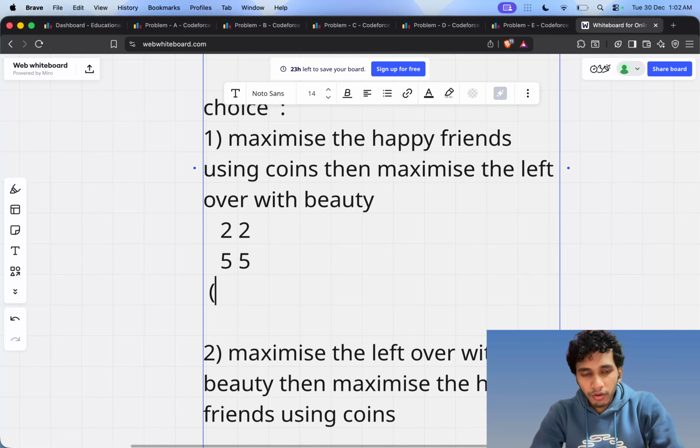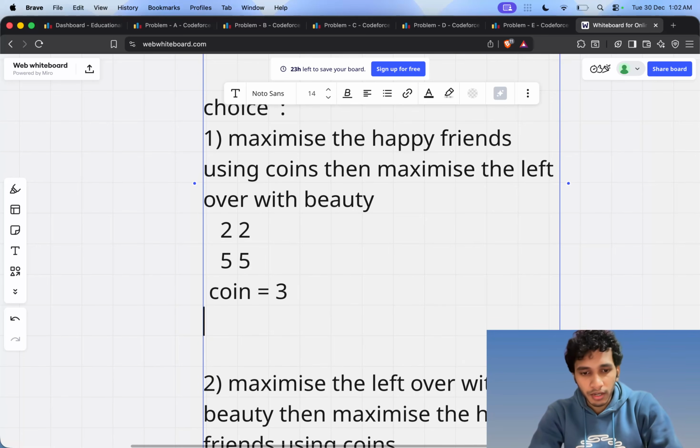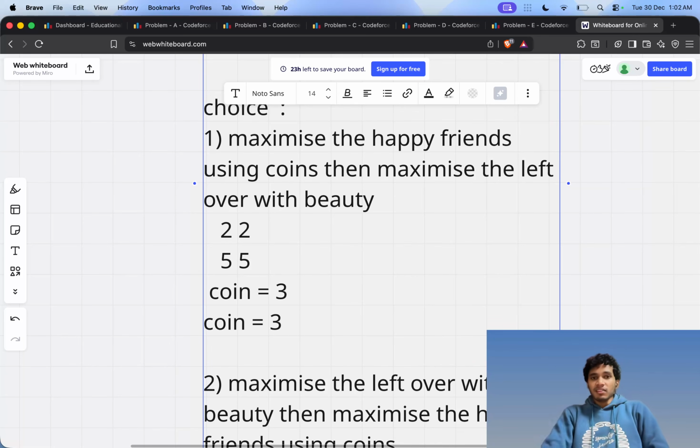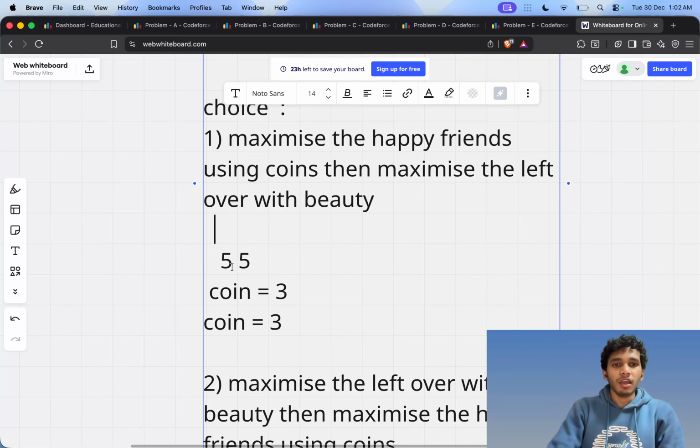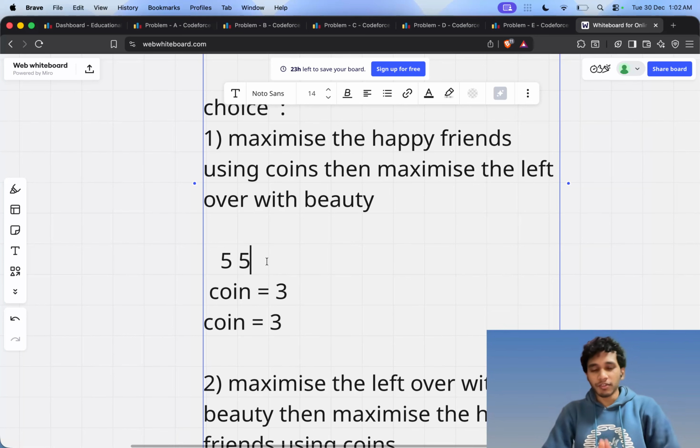Currently, we have 3 coins and 3 beauty. Only one gift with beauty 3 and coin 3. So for maximizing the happy friends using coins, what will we try? This friend requires 3 coins, so just make him happy using 3 coins. He is with us, but he is happy now. Now we are left with one more friend.